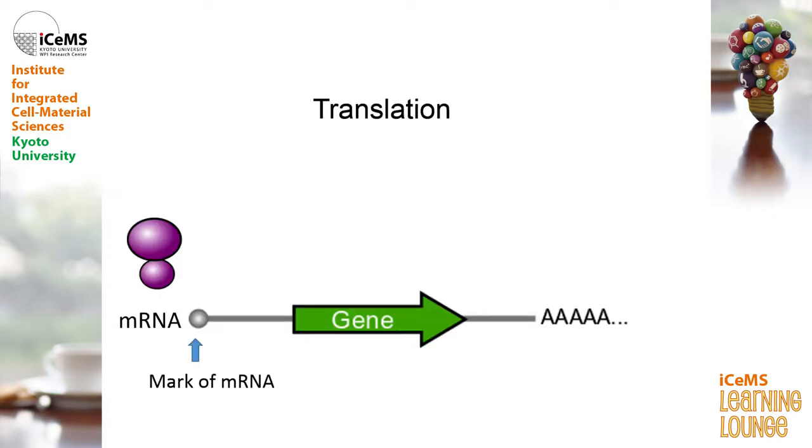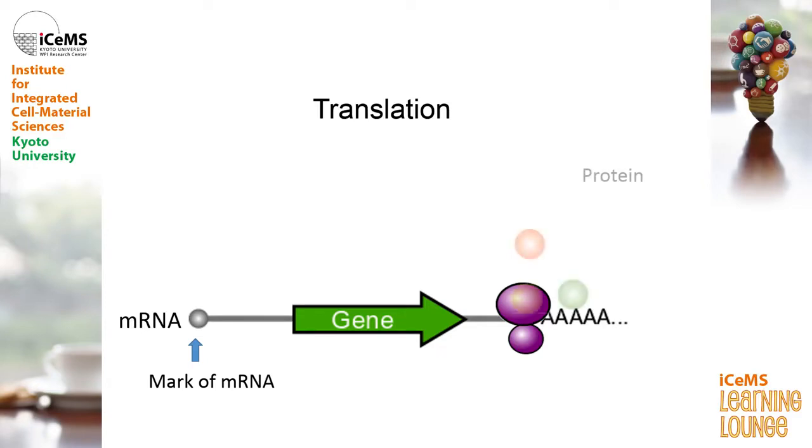Focusing on the translation, the protein is synthesized as follows. At first, genetic information is copied from DNA to messenger RNA. The messenger RNA has a mark of the messenger RNA and an encoded gene. The messenger RNA is scanned by translational machinery called the ribosome from the mark at the end of the messenger RNA.